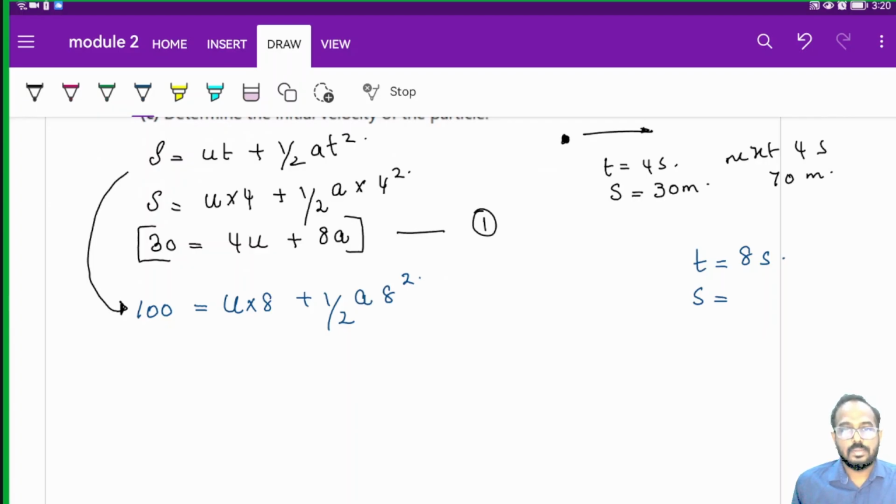Got it? You understood? How did the displacement become this? Because it is continuous motion. The time first 4, next 4, if you are considering total time it becomes 8. Total displacement: first 4 seconds 30, next is 70, total is 100. Understood?